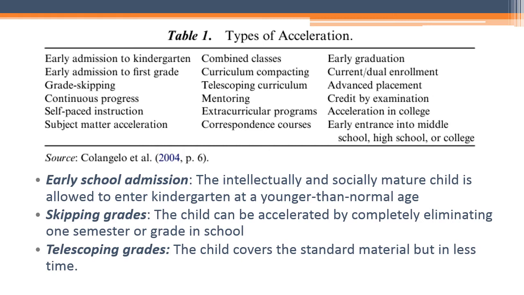Common scenario din sa atin yan, na kapag nakita na gifted yung student and alam niya na yung curriculum, for example in grade 1, the school can decide na pwede na siyang i-accelerate into another grade level. And also telescoping: the child covers the standard material but in less time.